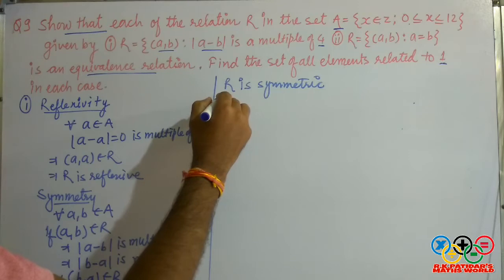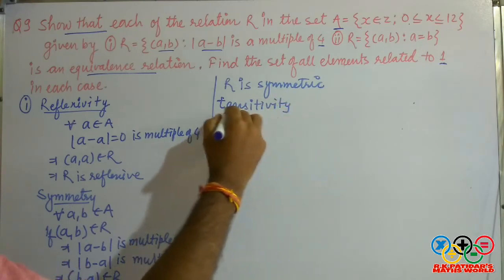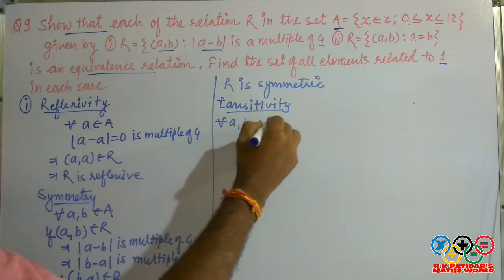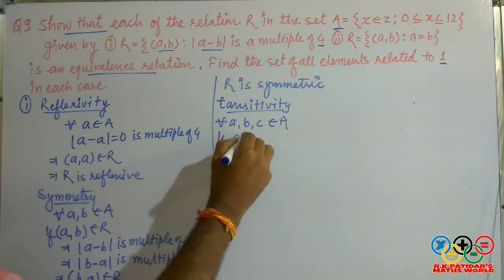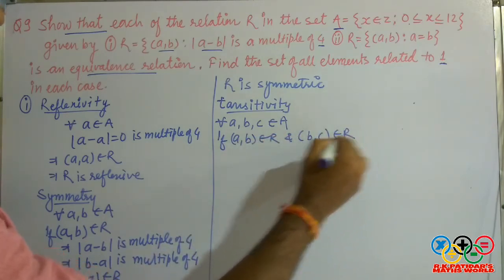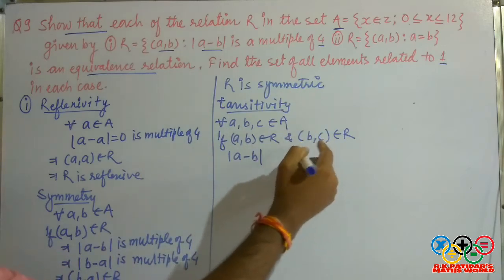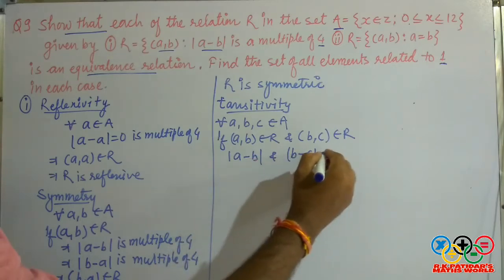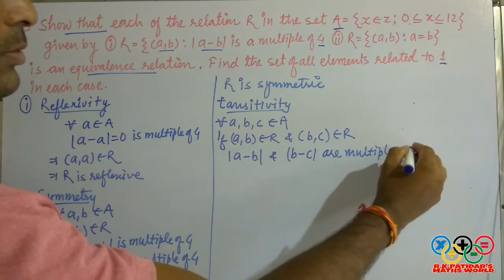Third, we will check transitivity. See, for all A, B and C belonging to this set, if (A, B) belongs to R and (B, C) belongs to R, then (A, B) belongs to R means A minus B is a multiple of 4, and (B, C) belongs to R means B minus C is a multiple of 4.